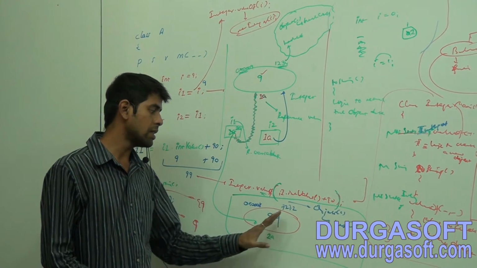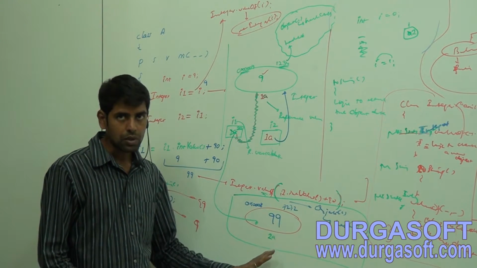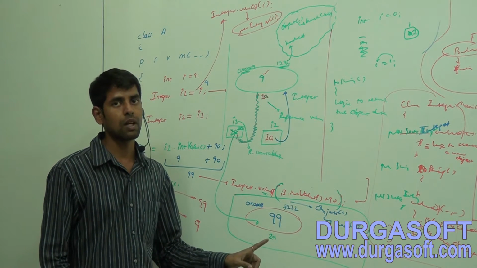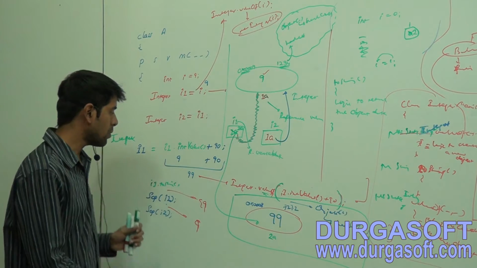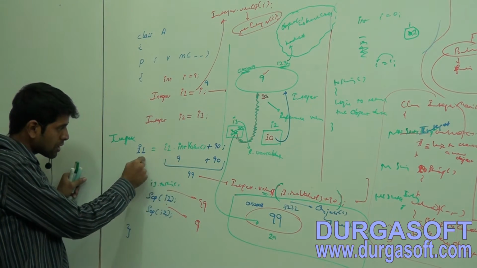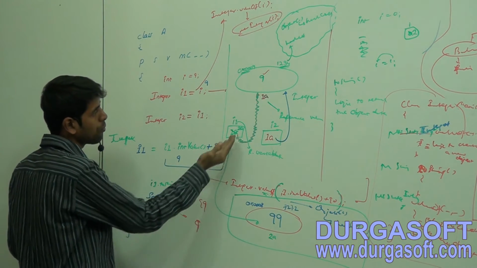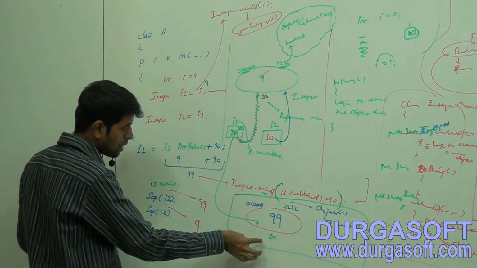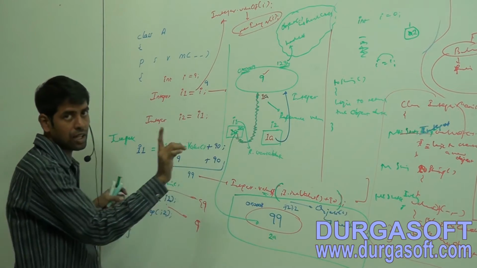Now either the address or the hash code's approximate hexadecimal string value is our reference value. That value you are reassigning to whom? I1. So 2a will be reassigned to I1.